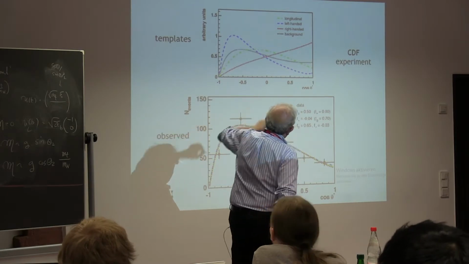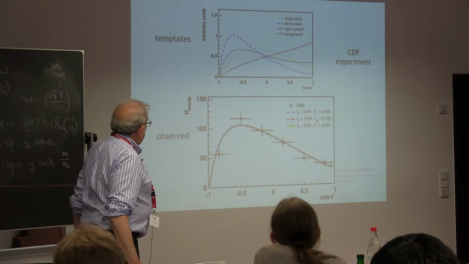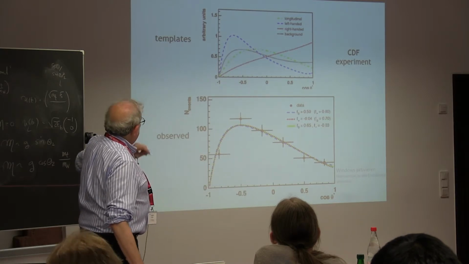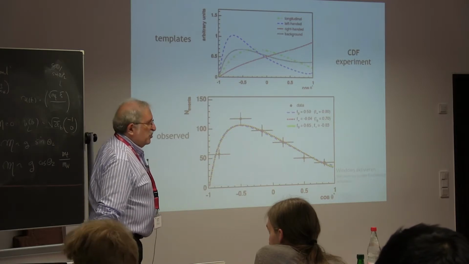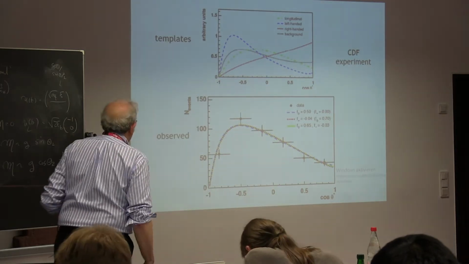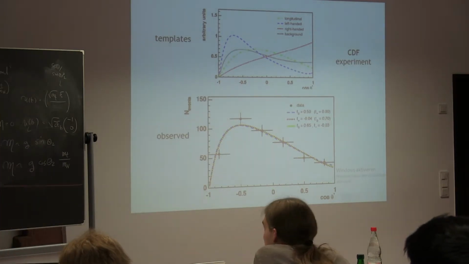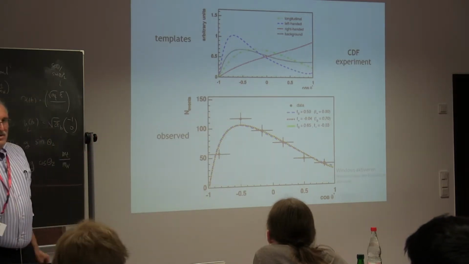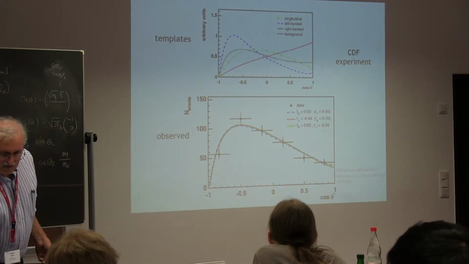The red is helicity plus 1, the green is helicity 0, the blue is helicity minus 1, the black line is, with the acceptance of the CDF experiment, the combination of those that corresponds to this prediction. And then the bottom slide shows the data, which shows it works well at the 10 or 20% level.